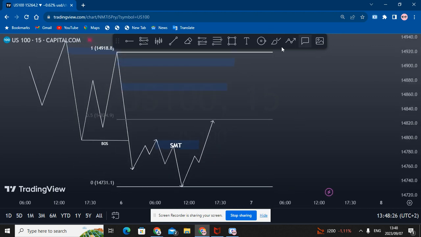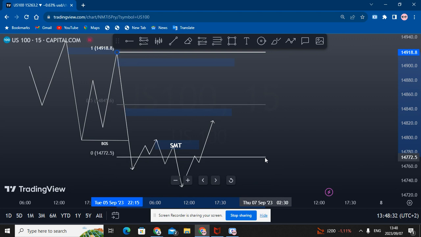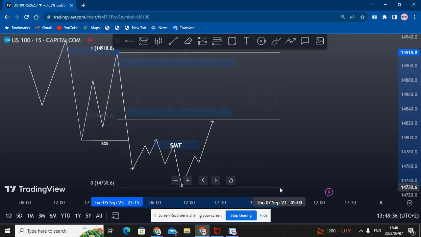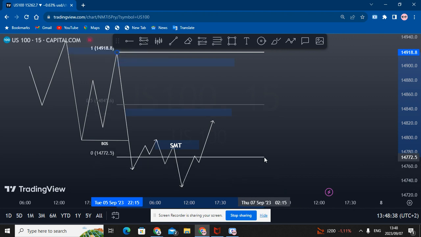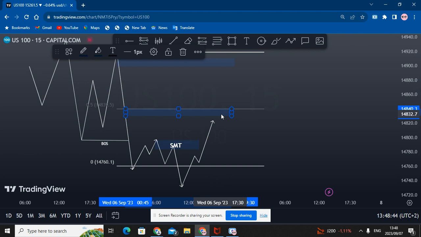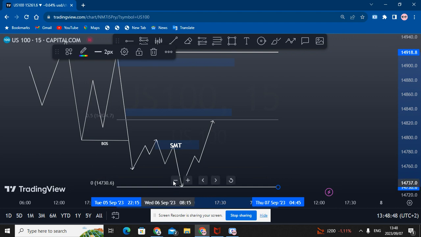So if there was another order block here, maybe let's say the market was like this before, then the market continues breaking structure and it comes here. Now this order block was invalid at this point because it was below your 50% zone. But as soon as the market did something like this and created another low, now this order block becomes valid.